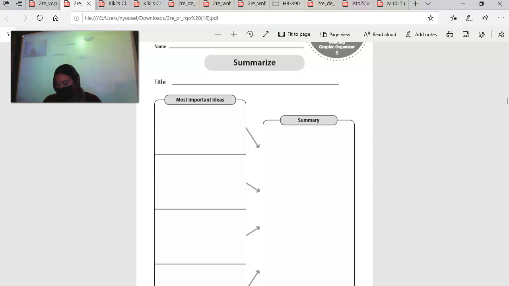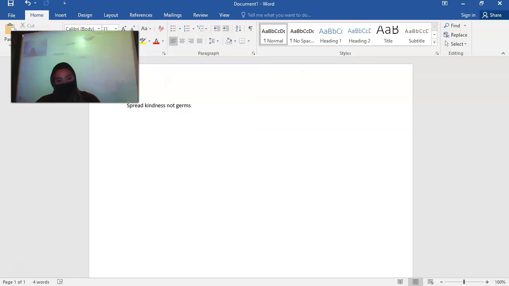So one of the most important things we just read is the Capitol building is where Congress works and makes laws, right? That's an important idea. We're going to write that down in this first box. I'm going to type it here for you. The Capitol building is where Congress works and makes laws.